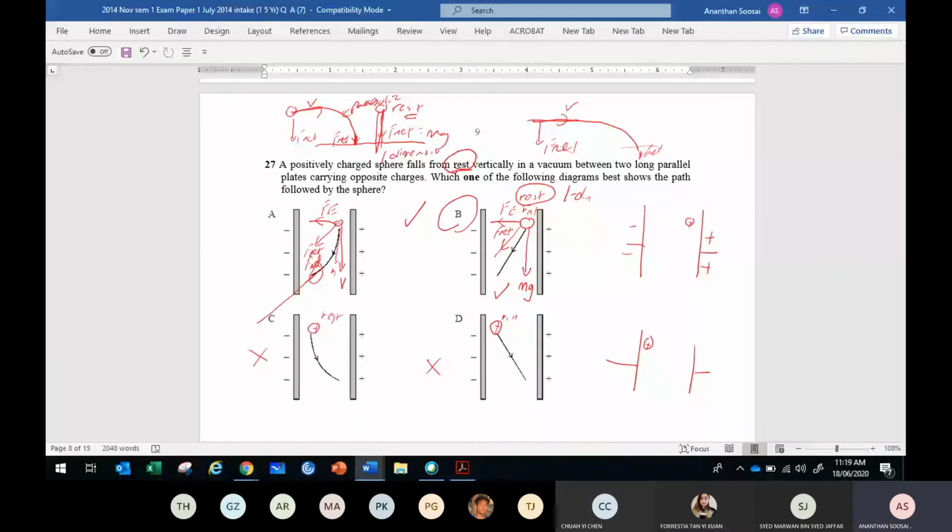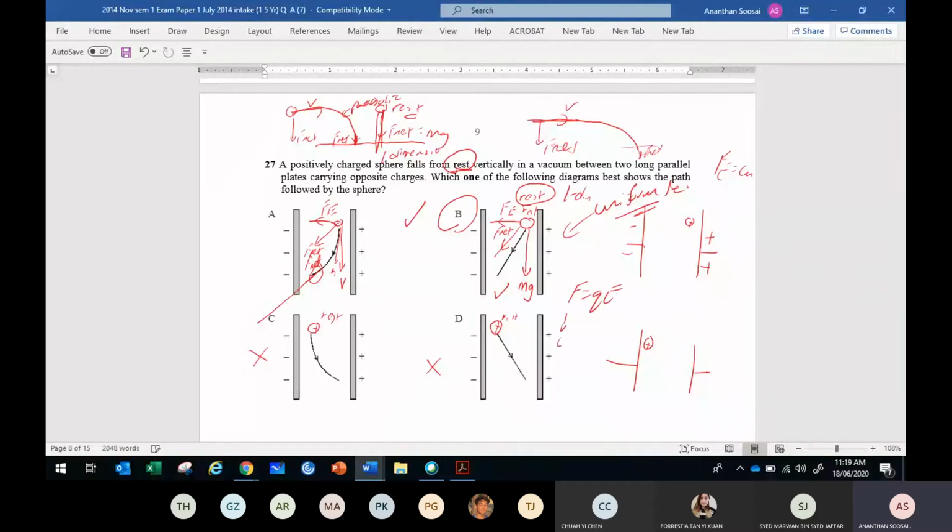Sir, is the force in the electric field always constant? Yeah, the electric force, the force due to the electric field, Fe, will always be constant, because it's a uniform field. Uniform field means the field is constant. So F equals QE, right?